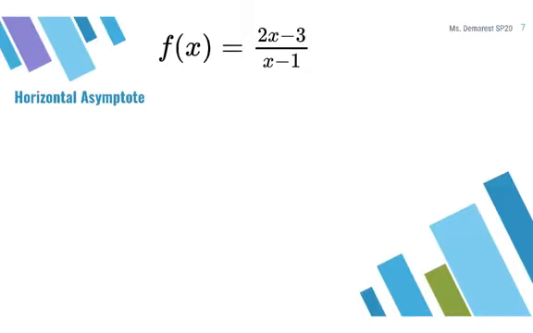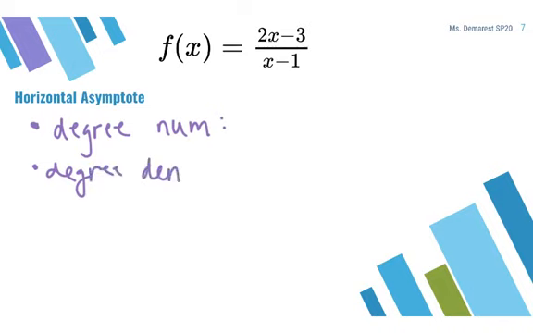And last but not least, we need to find our horizontal asymptote. So to find the horizontal asymptote, you need to look at the degree. The degree of the numerator and the degree of the denominator. Now, remember from class today, the degree is the highest exponent, right?